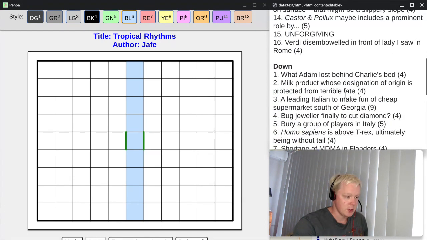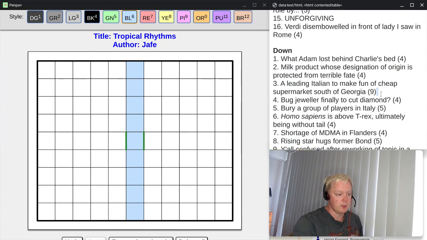And we have three options. So let's solve these three options and see if we can put G and I in symmetrical positions there. Here's the first one. A leading Italian to make fun of cheap supermarket south of Georgia. Now Georgia is a US state, and US states all have two-letter abbreviations. Georgia is GA.